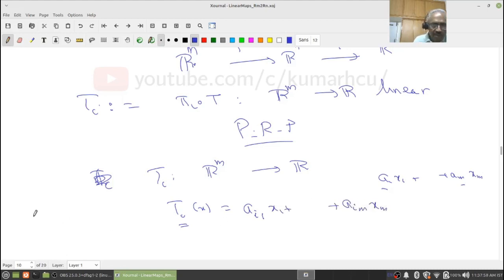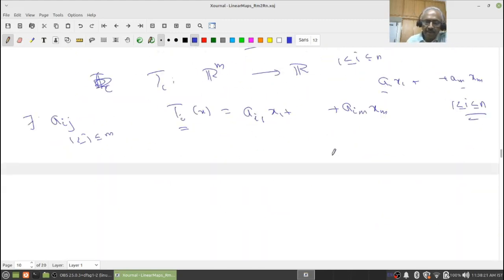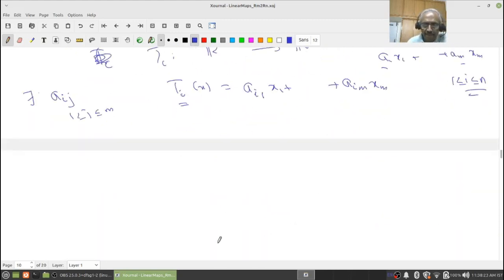Therefore there exist aij, 1 less than or equal to j less than or equal to m, and this is true for all i between 1 and n. Okay, Ti, how many are there? 1 less than or equal to i less than or equal to n, because there are n projections pi i from Rn to R. You follow that?